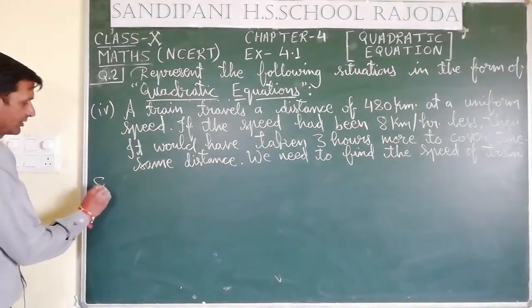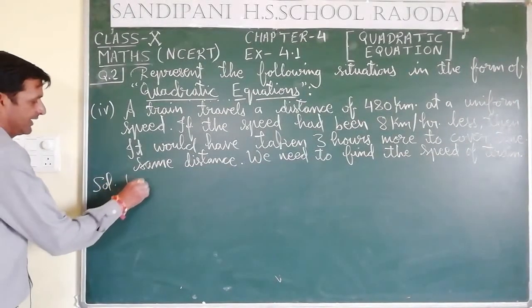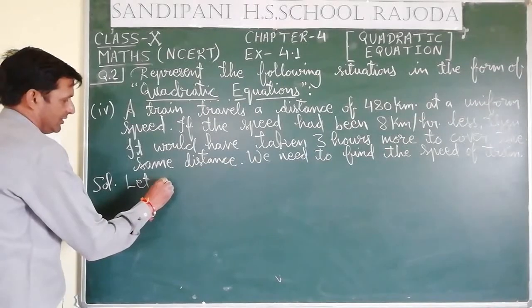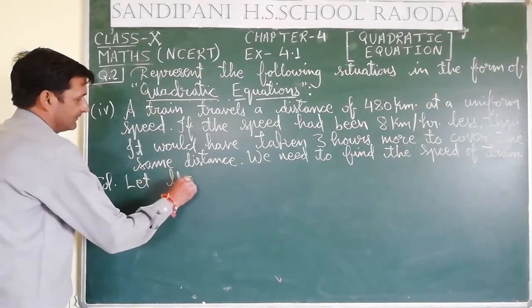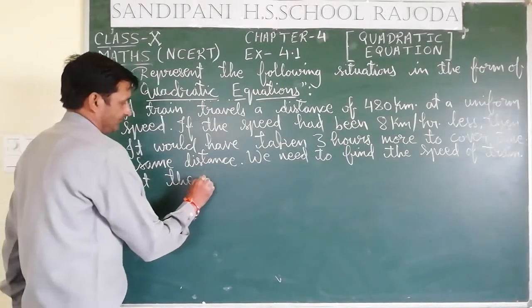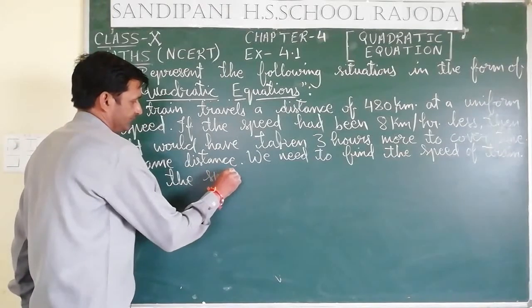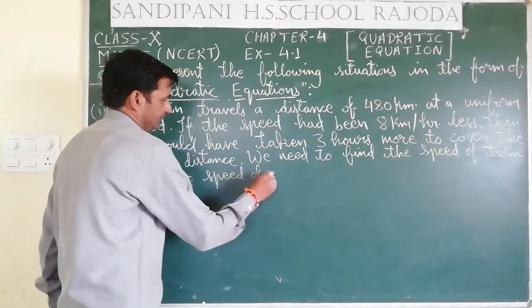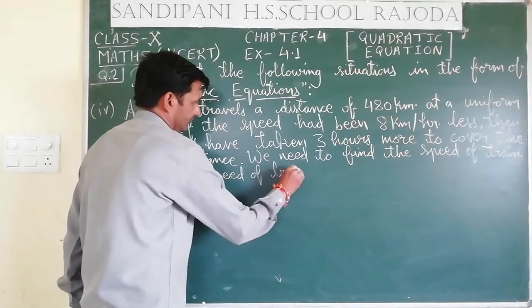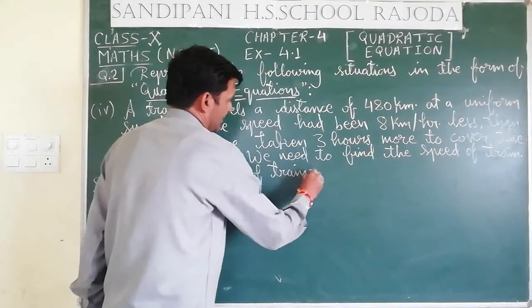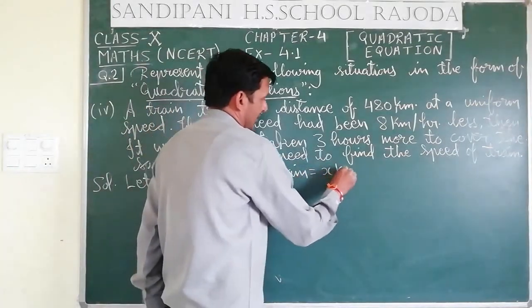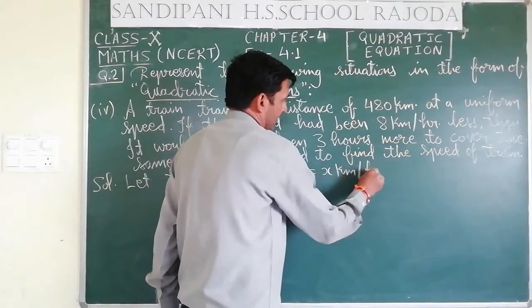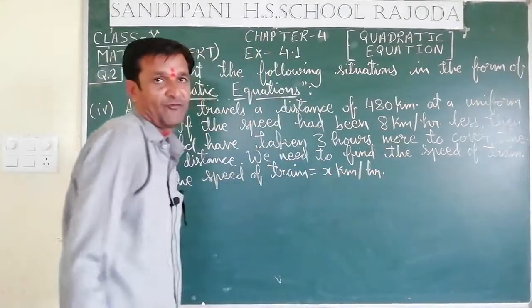So in solution, let the speed of train is equal to x kilometer per hour. Why is it so?